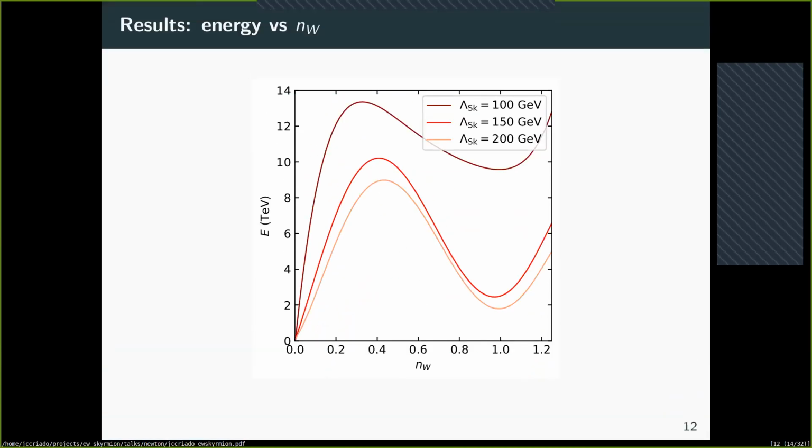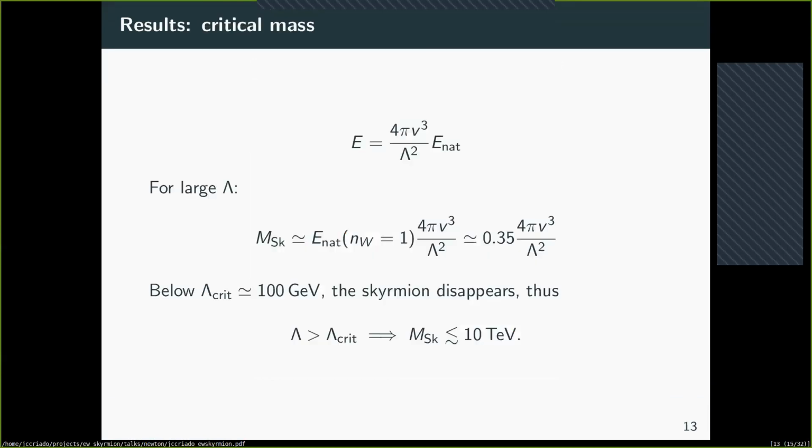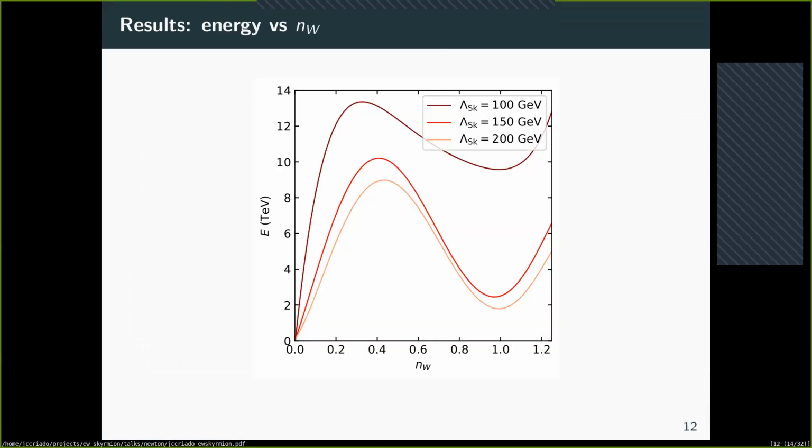No. In principle, here the skyrmion and the anti-skyrmion are almost the same thing, because there's no CP violation here. The potential is the same in the other direction. Sure, but then they can annihilate in some way.